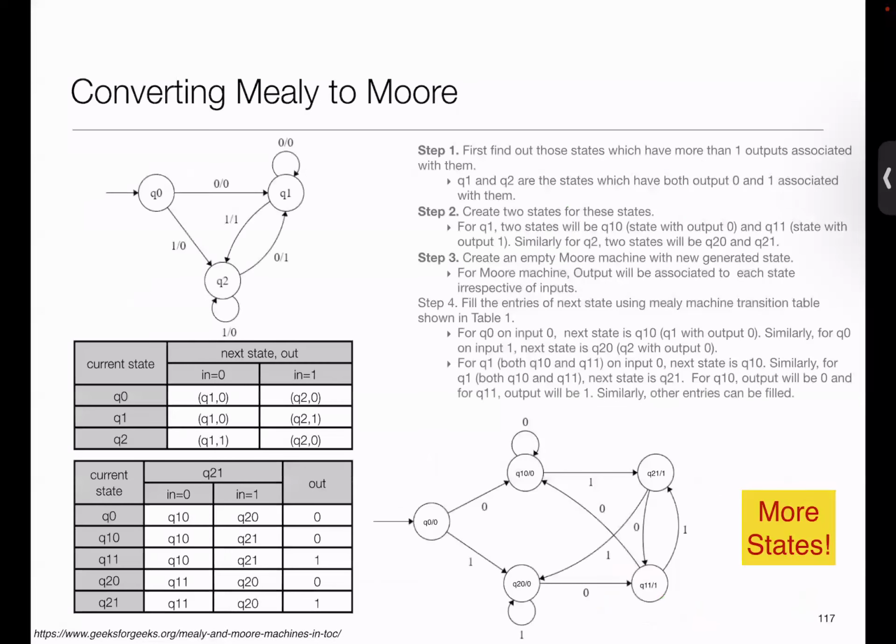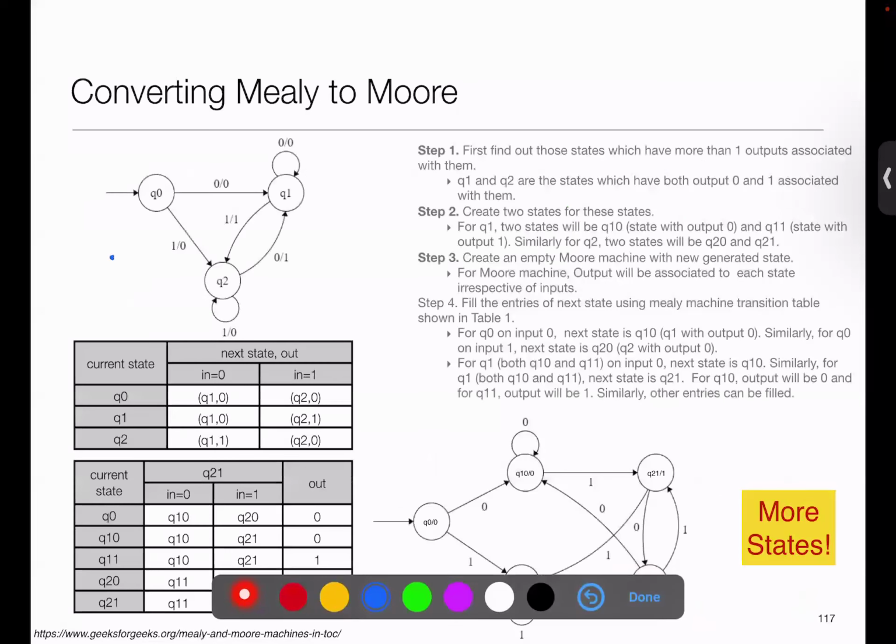So now let's look at Mealy to Moore. Let's say I am given this Mealy machine. It's clearly Mealy because if I look at state Q0, then if the input is 0, output is, well, actually that one looks like a Moore. Let's look at Q2. If I'm in Q2, if input is 1, then I self loop with an output of 0.